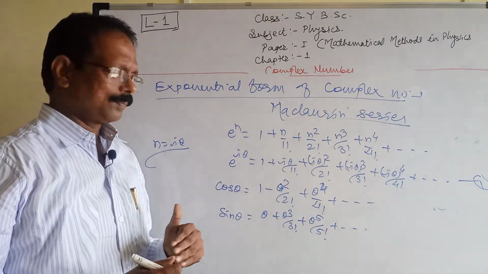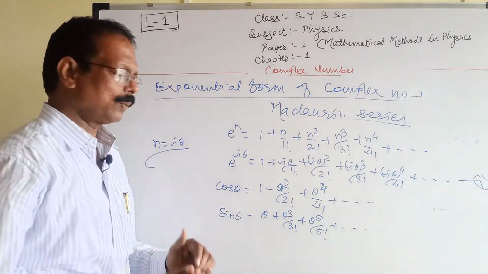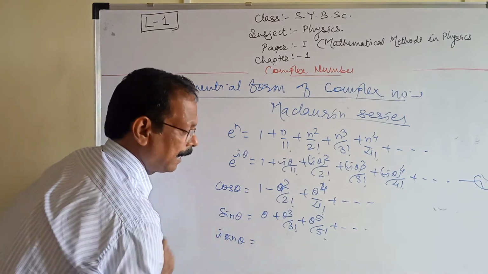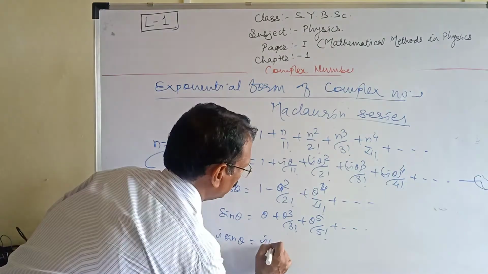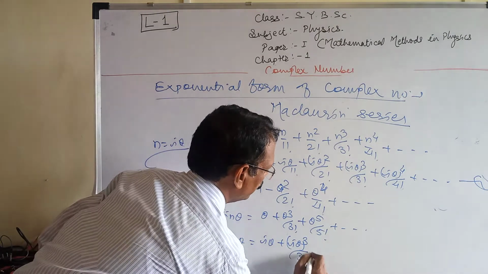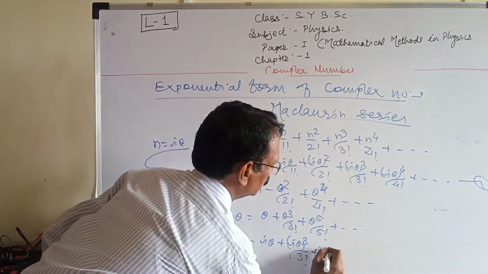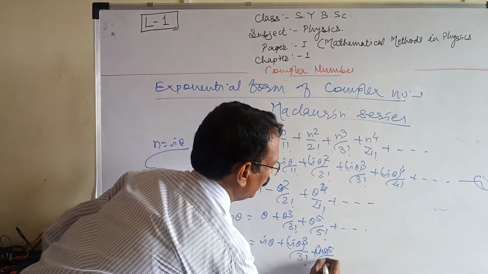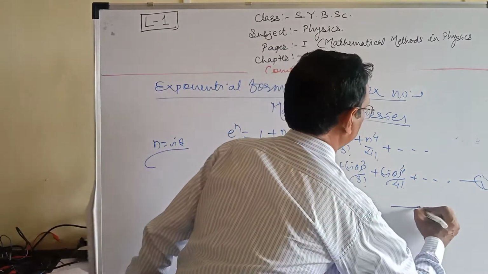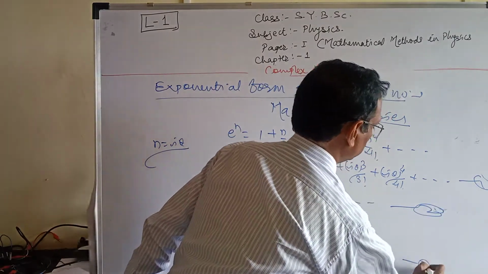If we multiply this equation by i, then we get i sin theta is equal to i theta plus i into (theta) whole cube upon 3 factorial plus i into theta raised to 5 upon 5 factorial plus so on. Suppose the cos theta expansion is equation number 2, and this one is equation number 3.